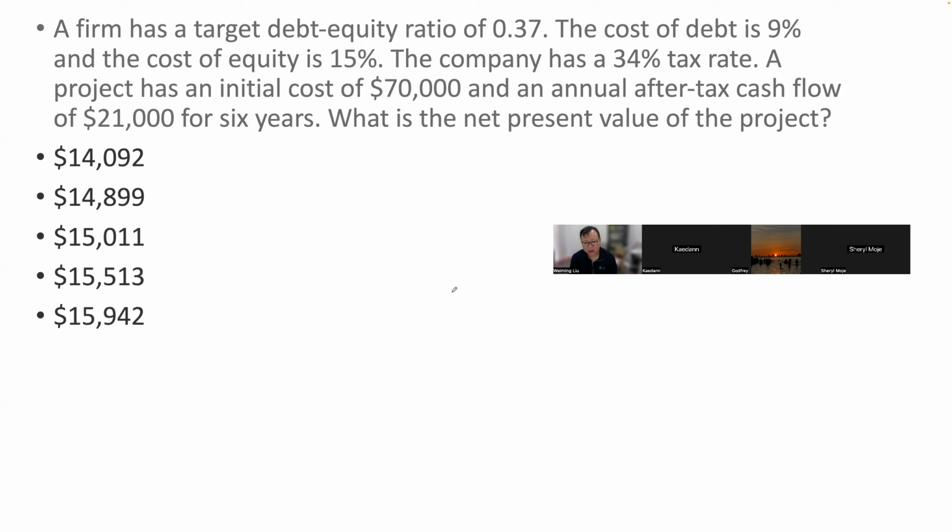Can anyone tell me why the cost of equity is higher than the cost of debt? In general, the cost of equity will be higher than the cost of debt.